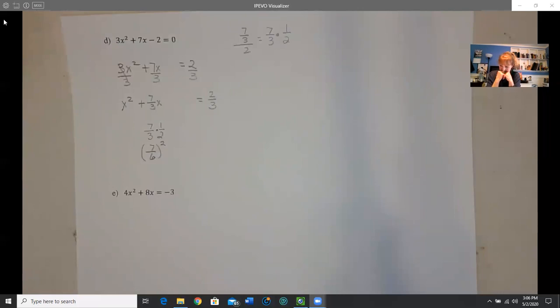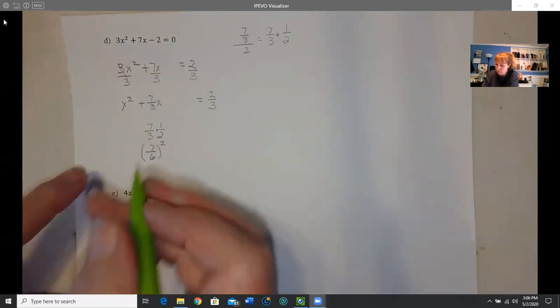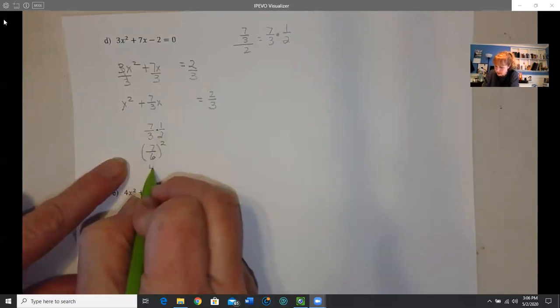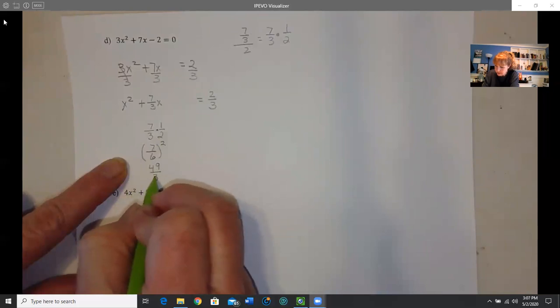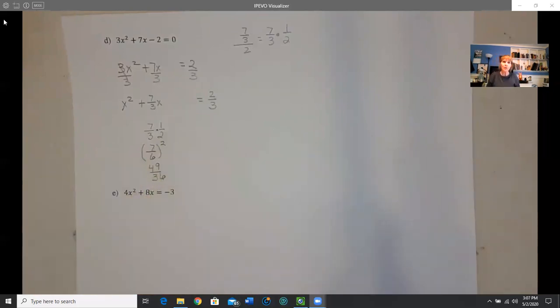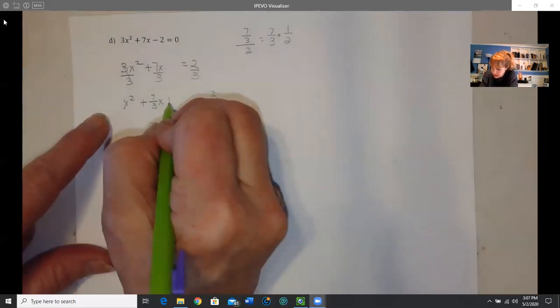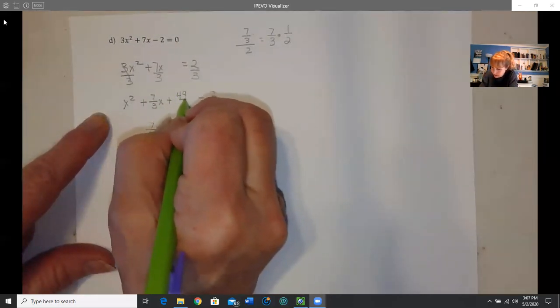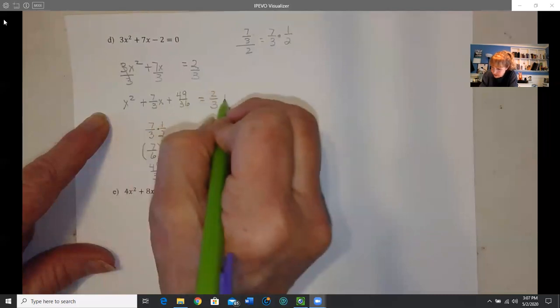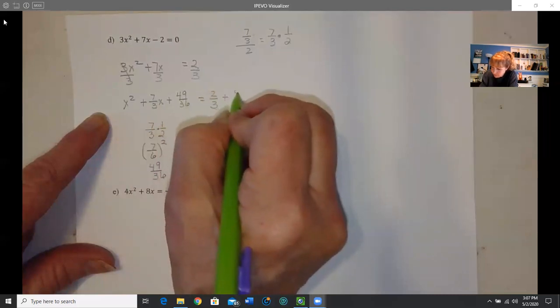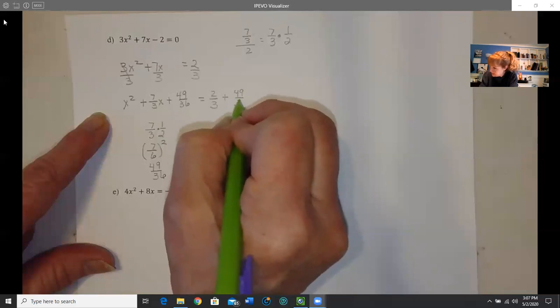And so here, when we square it, we're going to get 49 over 36. That's what we'll be adding to both sides. So we're going to take plus 49 over 36 plus 49 over 36.